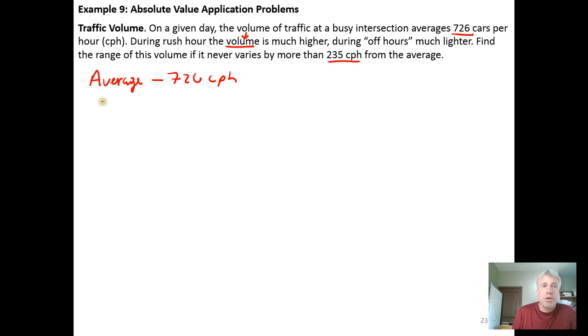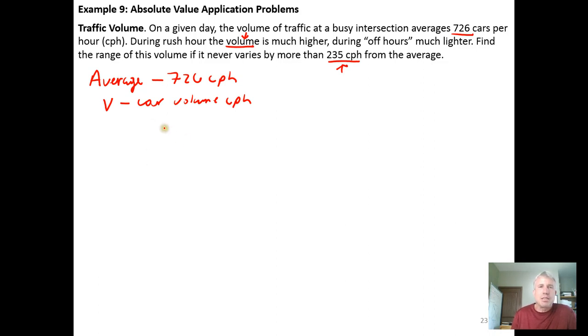The actual volume, which I'll represent with V, so this is going to be our car volume in cars per hour, is the actual number of cars at any given moment utilizing the intersection over the course of an hour. And we're told that this volume varies from average by no more than 235. That's the max. So it could be 235 below. It could be 235 cars per hour above.